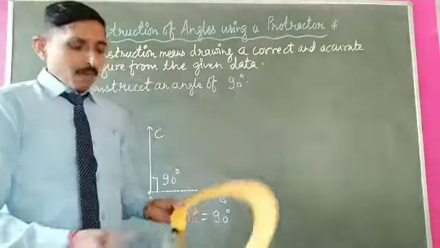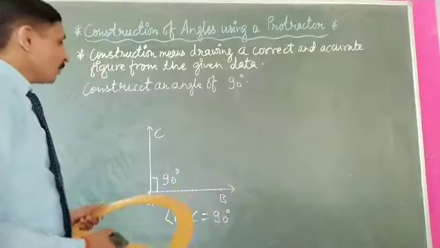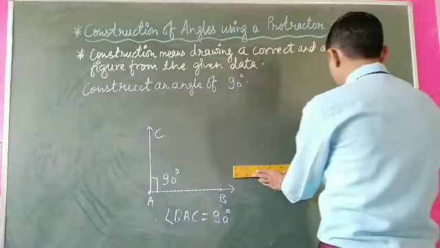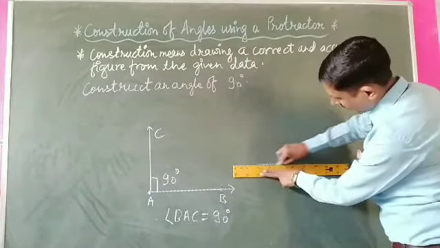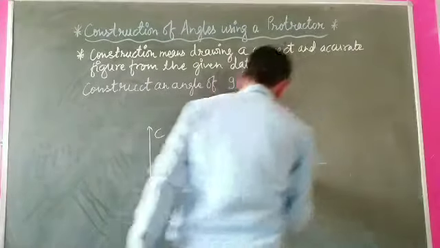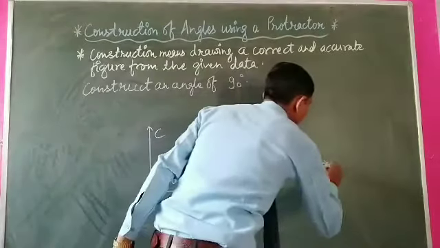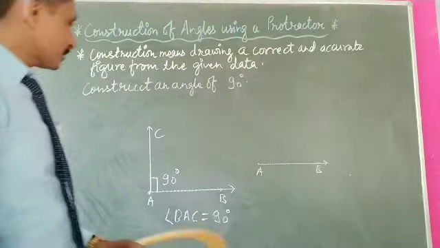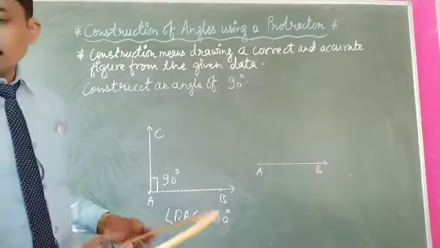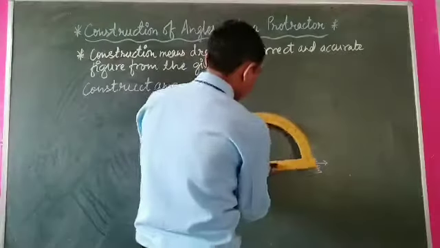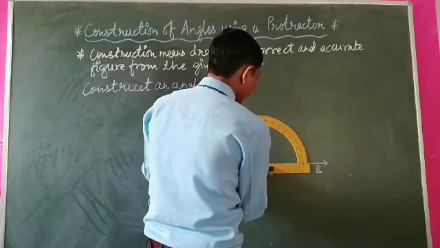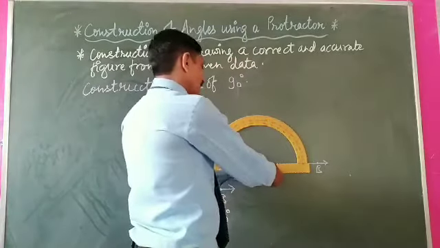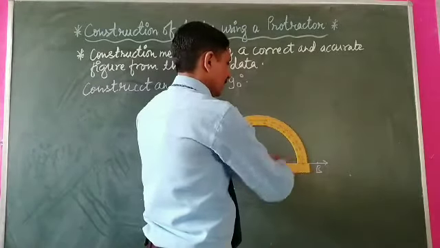What do we have to do? First of all, we have to draw a baseline, a ray AB. Then place the protractor with its center at A and along the baseline AB.